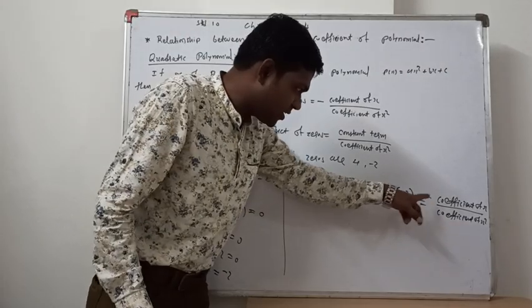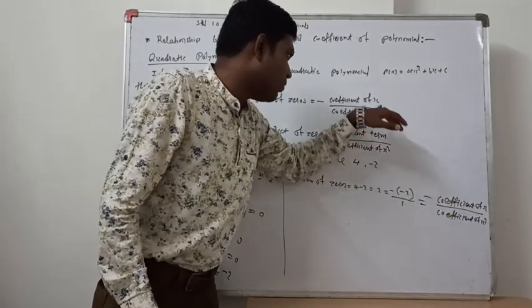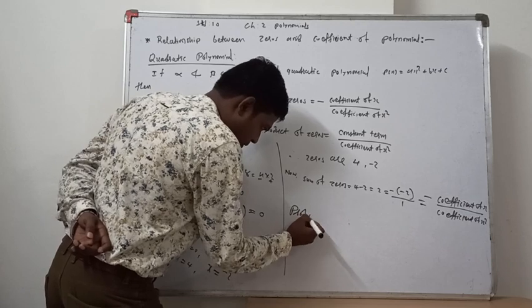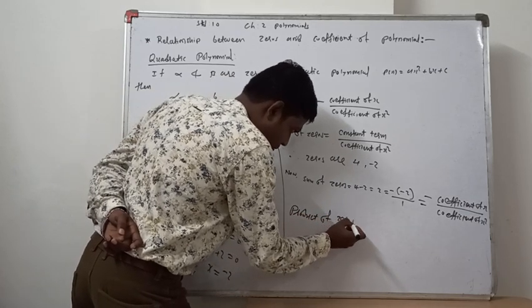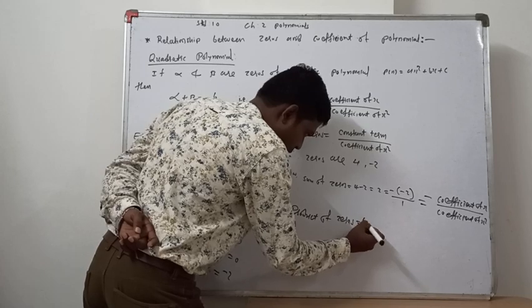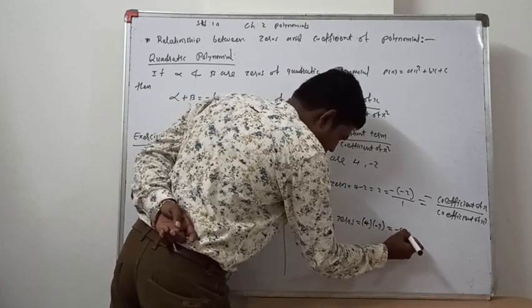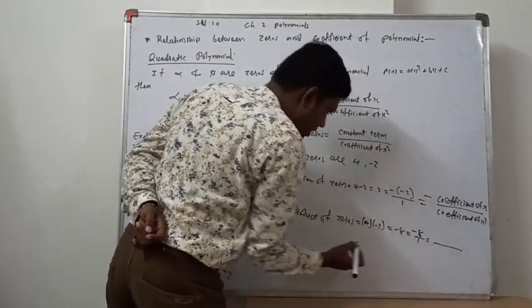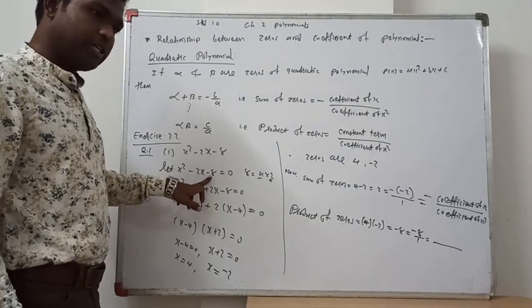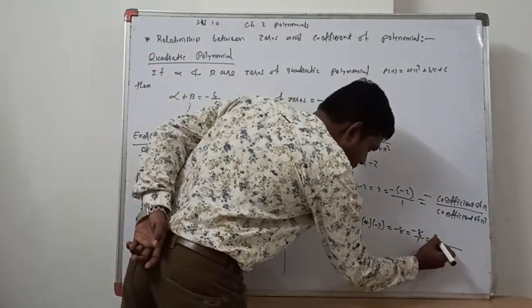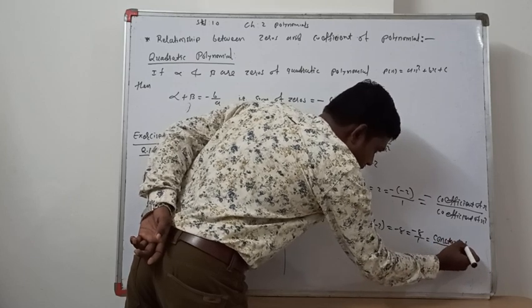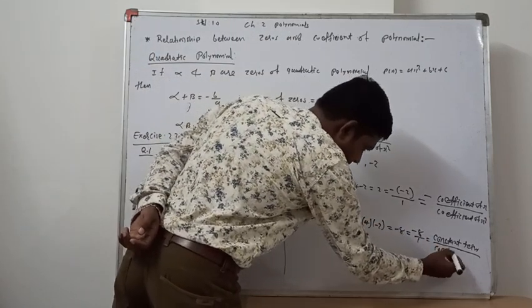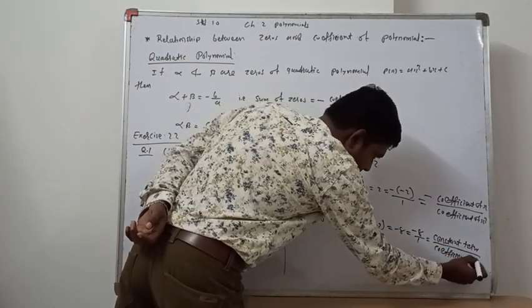After this answer comes, by making the adjustment we have to show minus coefficient of x upon coefficient of x square. Similarly we take the product of what? Zeros, that is 4 into -2. Then the answer is what? -8. So we can write it as -8 divided by 1. Now -8 is our what? Constant term, right? Constant term divided by 1. 1 is coefficient of what? x square.